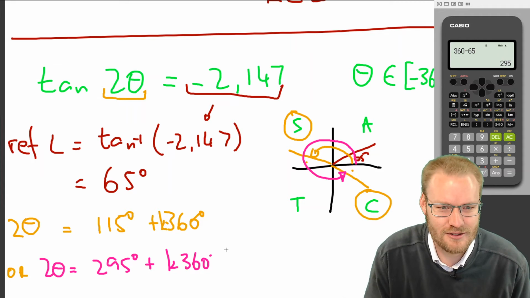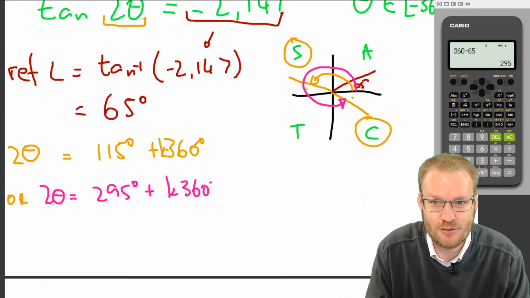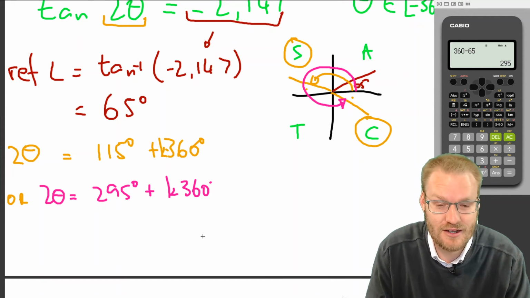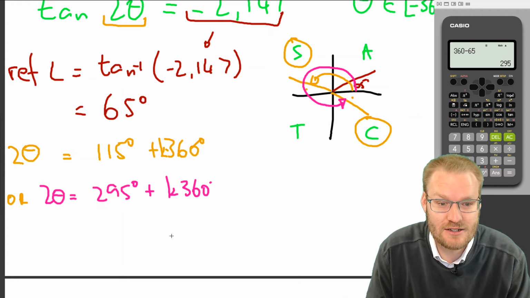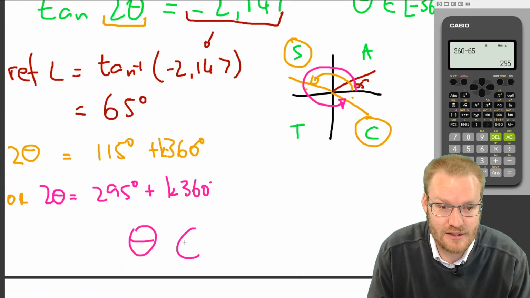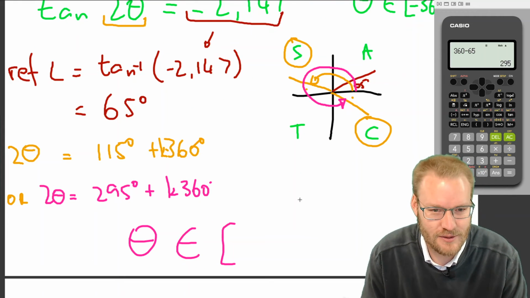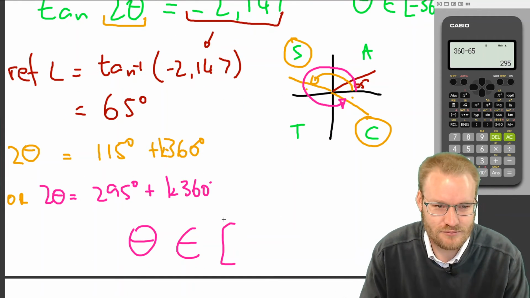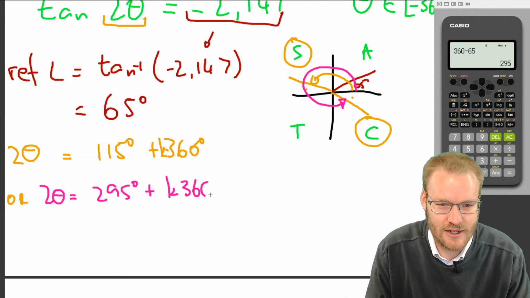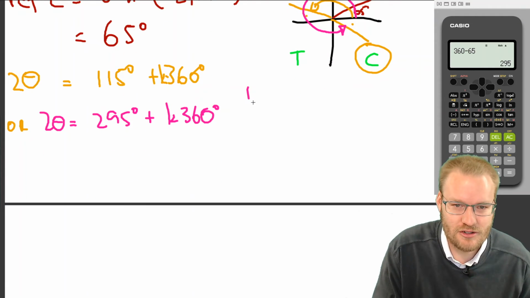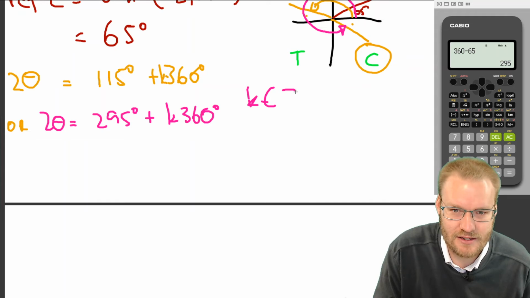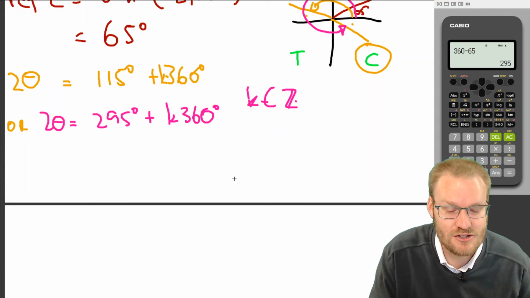Okay, so we've got our 2 general solutions, but we've got an added part to this now. Now we're told that theta is between minus, we haven't quite finished, have we? Sorry, I'm getting ahead of myself here. We've got our 2 general solutions, and in each case, k is an integer, an element of the integers.